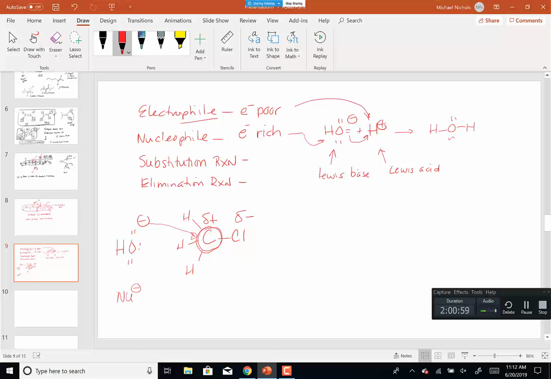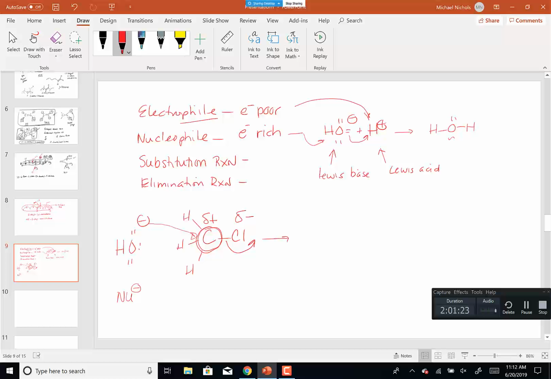The chlorine's already got unequally a bunch. So if the hydroxide comes in and shares its pair of electrons with the carbon, the chlorine's going to leave. You can write all the people scenarios for this that you want. Just don't bring them to class.